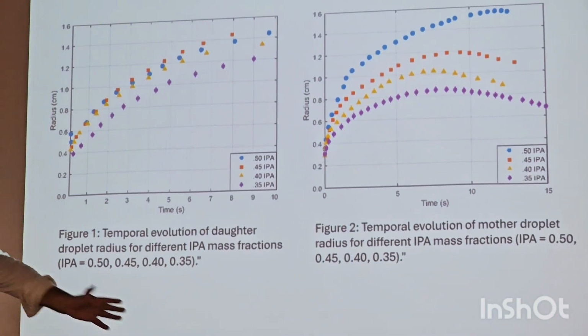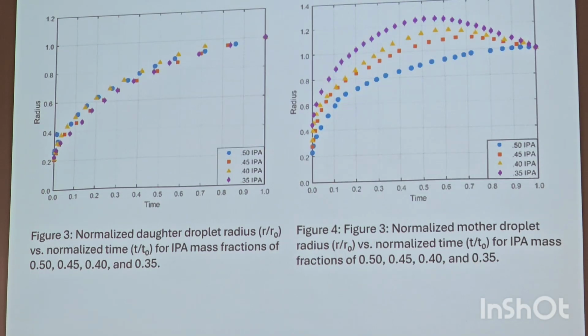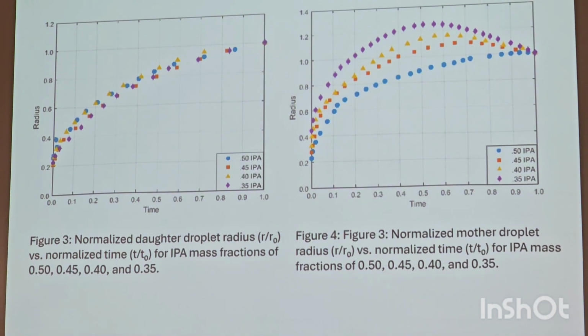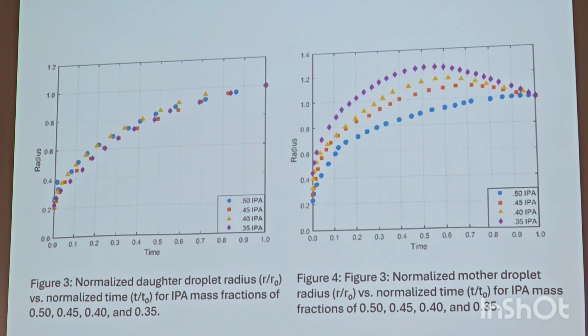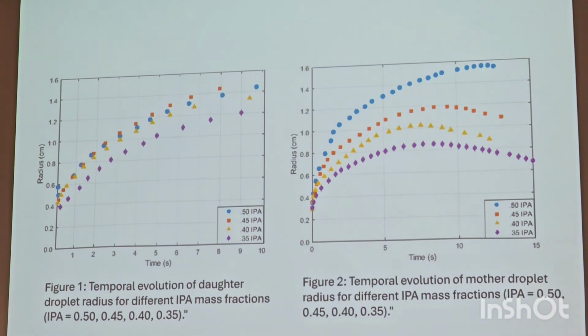Now with video tracking, we can plot the radius of the mother drop with time. We can plot the radius of the daughter drop with time. And we observe this extremely interesting temporal behavior.